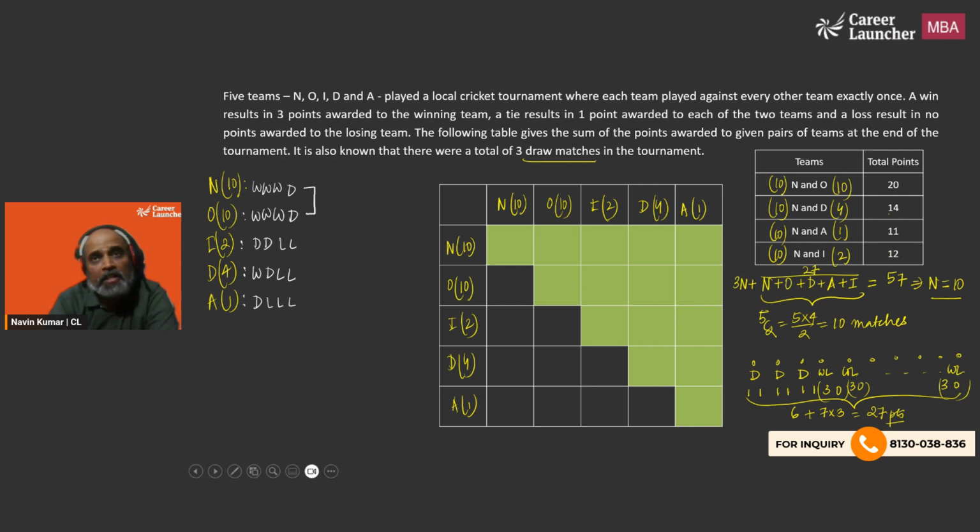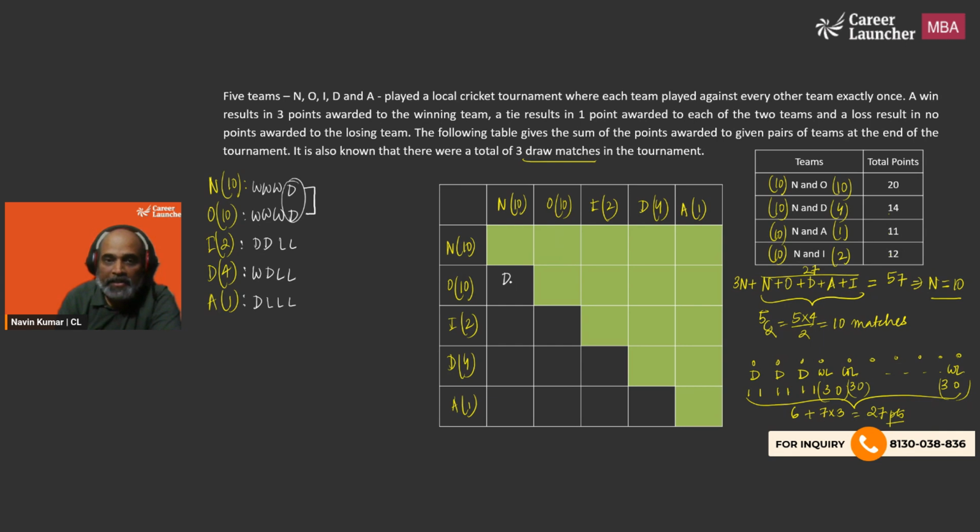Now, if the result was a win and a loss, as in one of the two won and the other lost, then there should be an L written beside the names of these two teams. Since neither of the two teams lost any of the matches, that means the match played between them never ended in a win-loss. It ended in a draw. So the match between N and O ended in a draw.